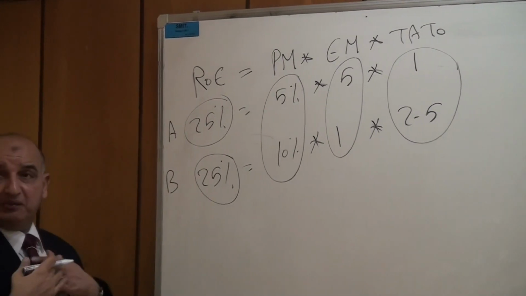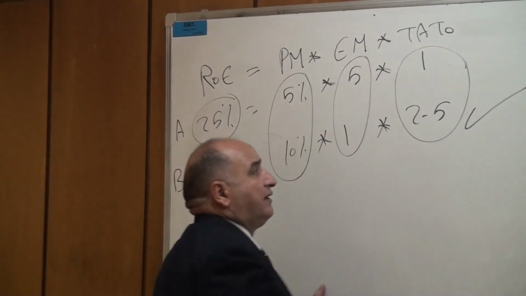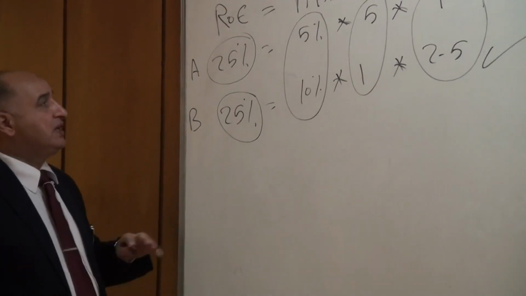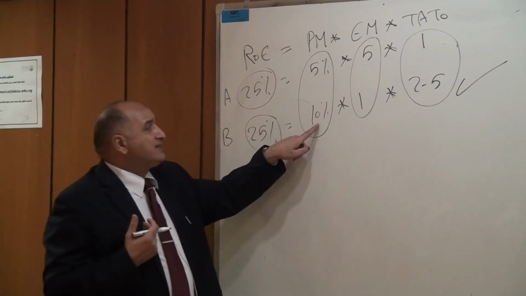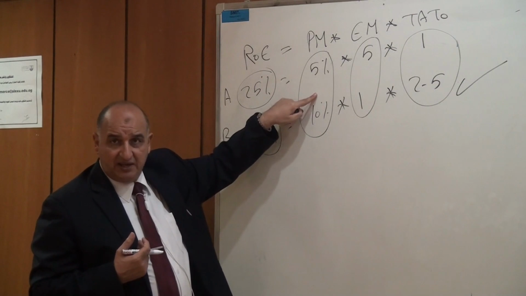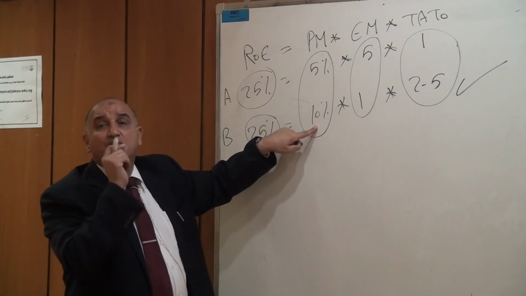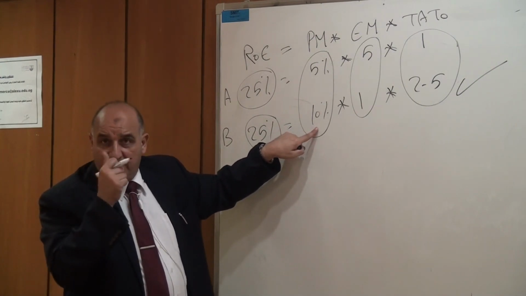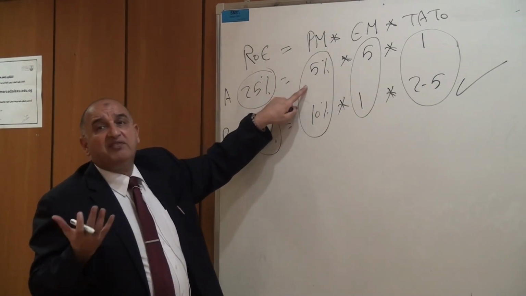For sure, in my opinion, we have to accept to invest in company B. Why? Because company B has a higher profit margin than company A, which means from each $100 of sales, company B generates $10 as a net profit, while company A generates only $5.